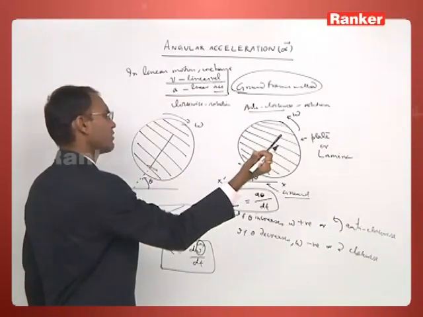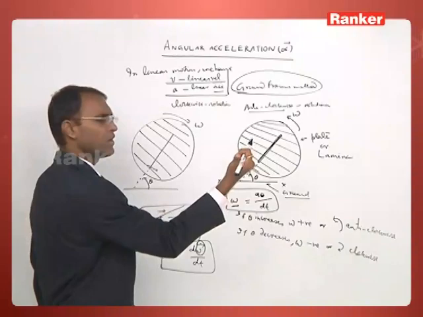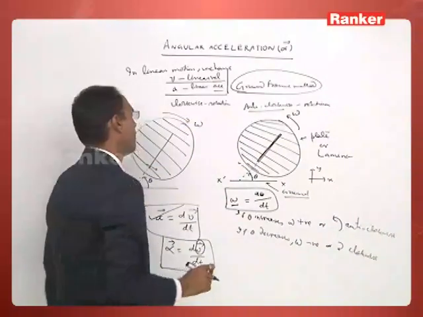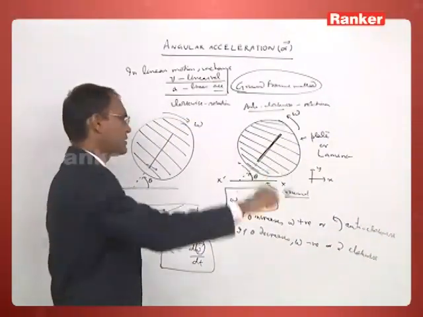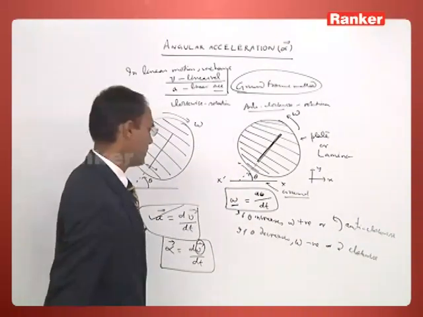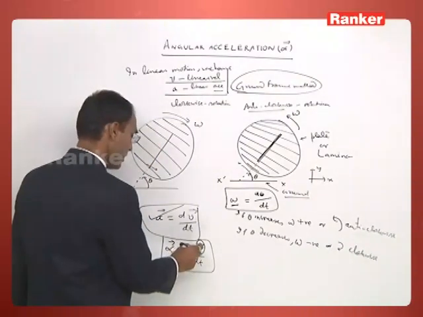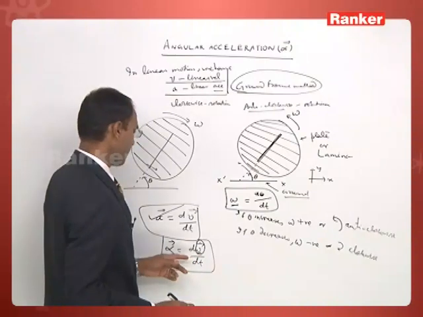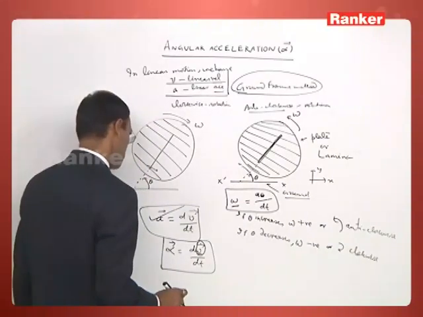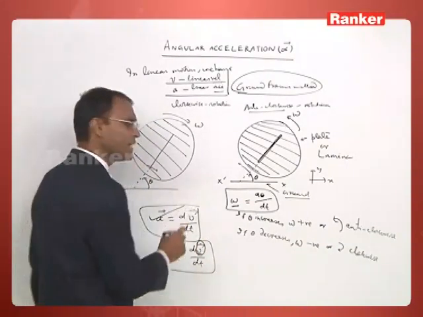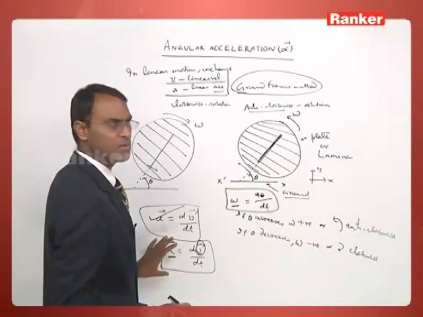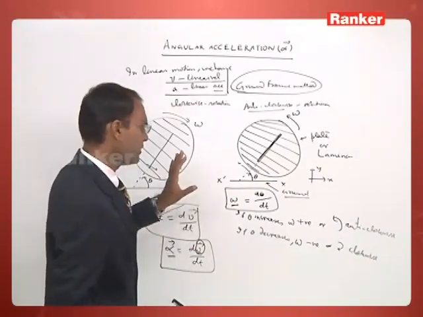Anticlockwise is given vectorially in positive z axis. If this is x, this is y. When it is clockwise, it is pointing in negative z direction. Therefore, omega is a vector quantity as it is associated with both magnitude and direction. The rate at which the omega is changing is defined as angular acceleration, and we have to talk about this angular acceleration especially in this context.